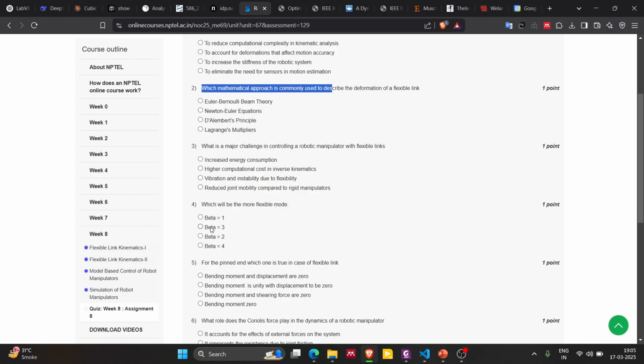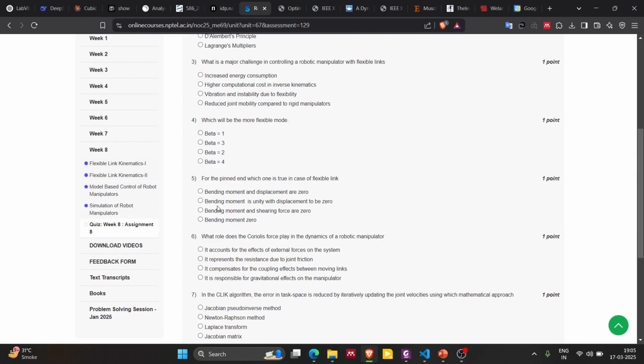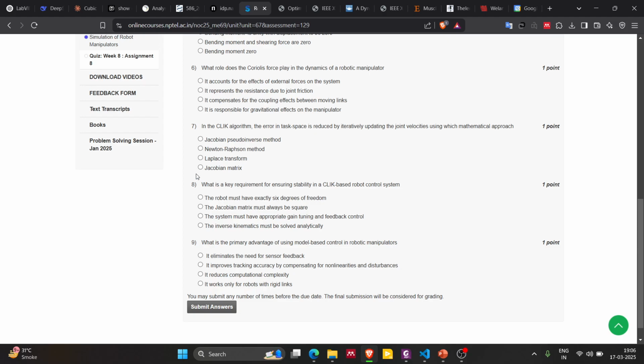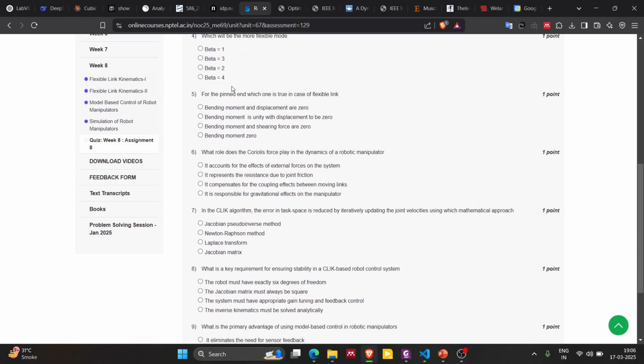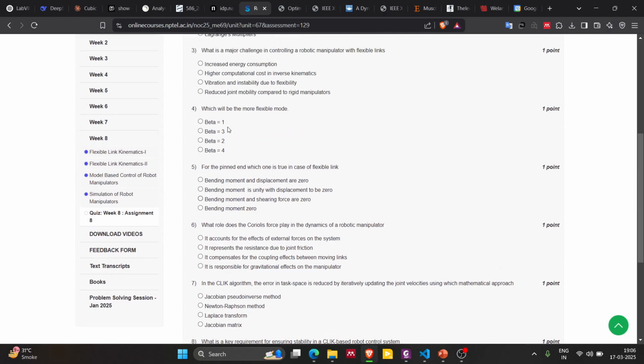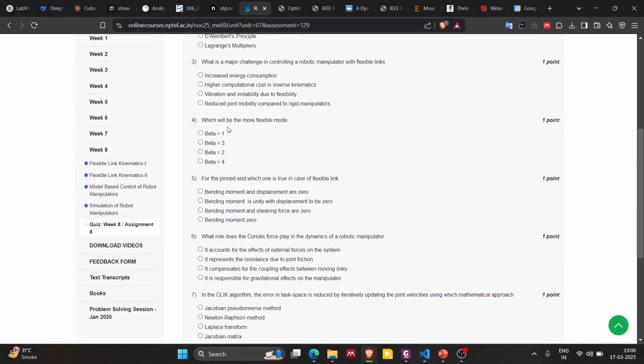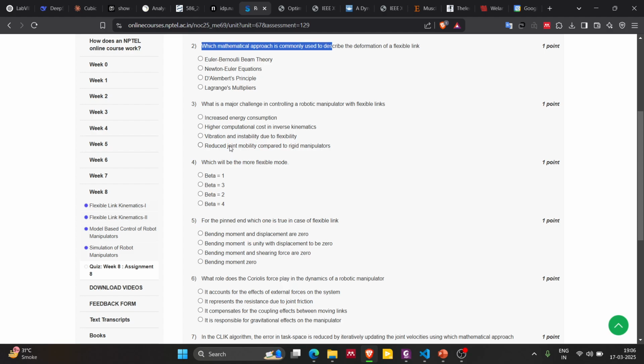And for the bending moment, they ask about the boundary condition: if the end is pinned, what will the boundary condition be, the bending moment or displacement zero? You need to remember the boundary condition for every case. There are three cases: fixed end, pinned end, and free end. Those are very simple things you can remember.